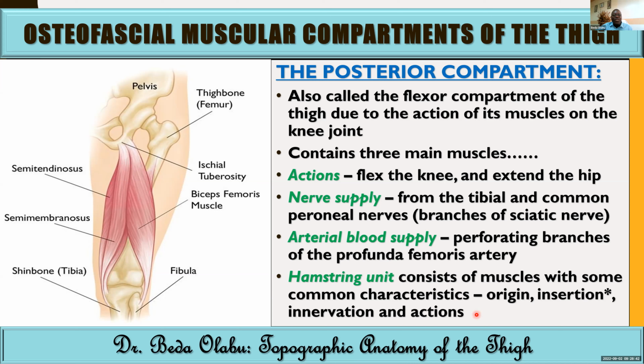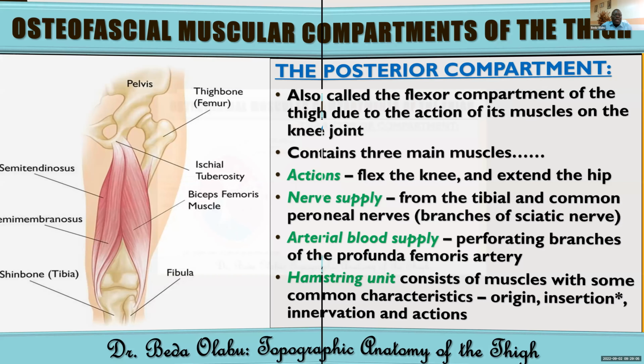So if you're asked to name three components of the hamstring unit, you don't have to mention it. But if you have to mention four, then you have to mention that one. Remember, the short head of biceps doesn't qualify to be a hamstring, but there's a part of adductor magnus muscle that qualifies or may qualify to be a hamstring.